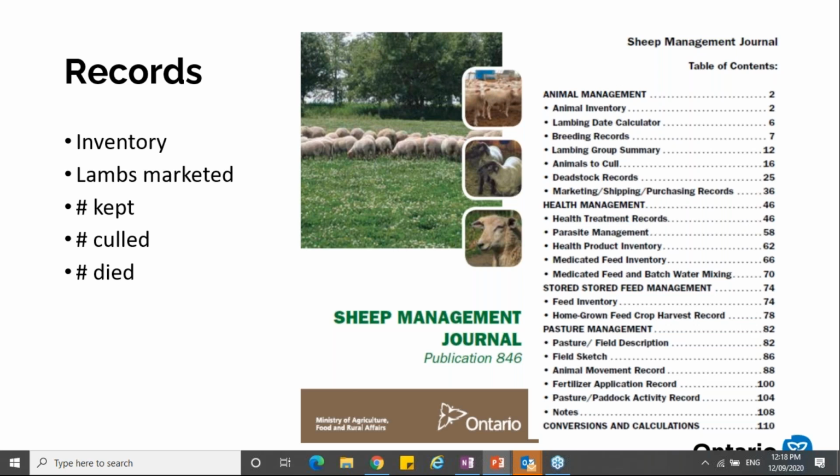So there's information on the animal inventory, how many animals there are, breeding records, when animals were bred, average group information, lists of animals that you were culling, dead stock records, and numbers of animals that were marketed and when they were marketed.